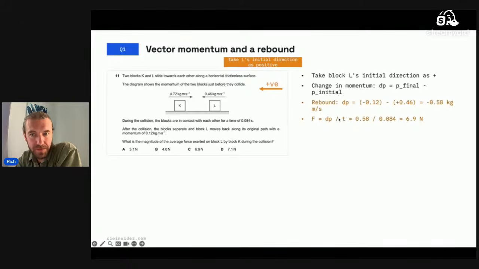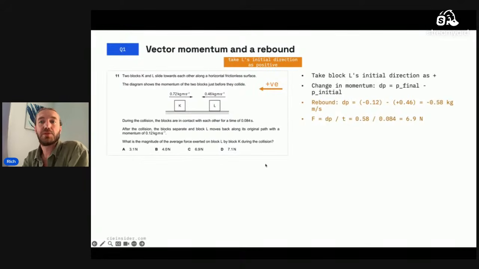But how we actually need to do it is take our change in momentum, the magnitude of 0.58, and divide by the time that the force is applied for. That is then going to come out as 6.9 newtons. Making sure that we do get all the way to the end here, and you do get to a force.